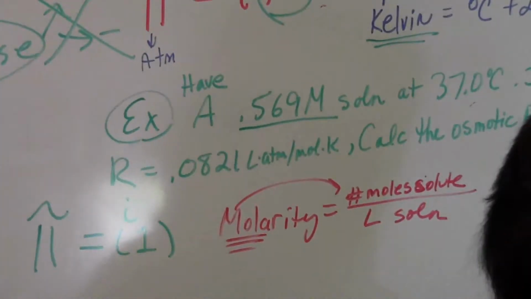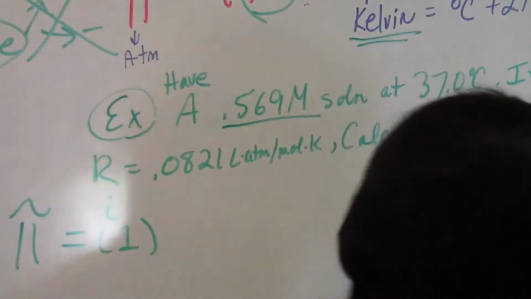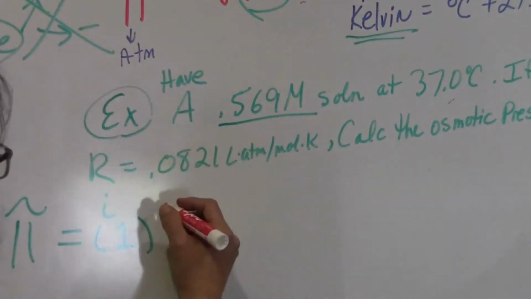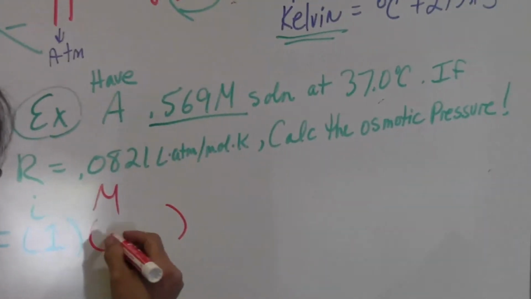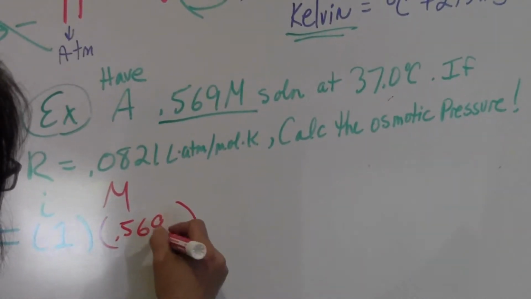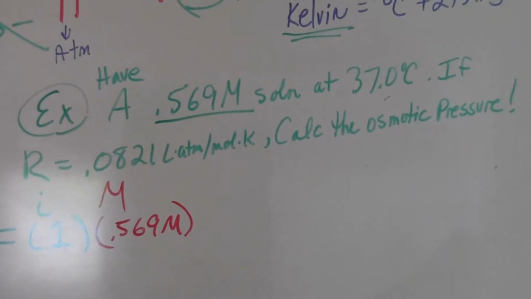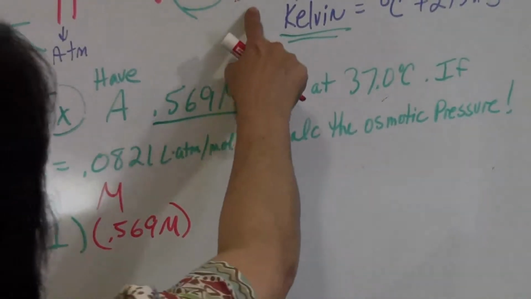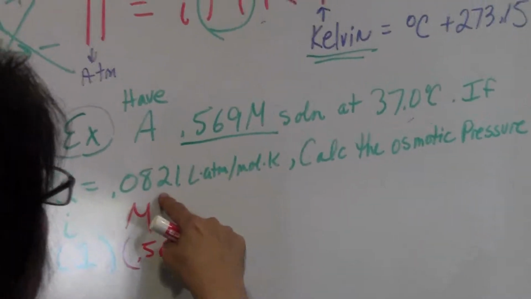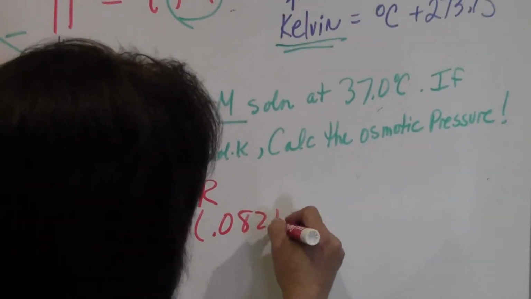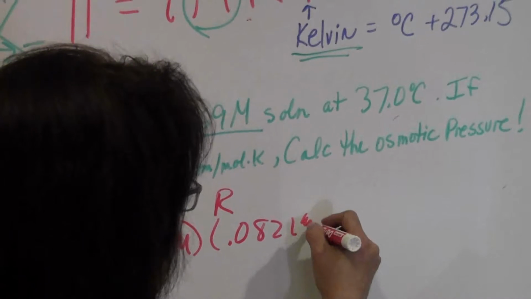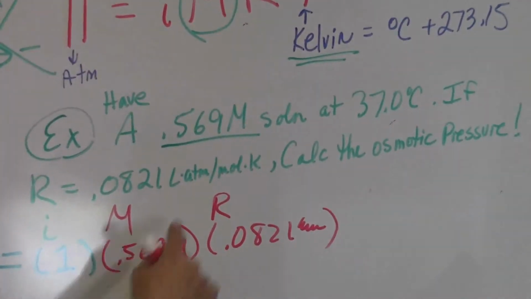What a nice problem. All right, so we don't have to calculate molarity. So our M is 0.569 molar solution. We know R, they gave us R, and I gave you R too. 0.0821 blah, blah, blah.